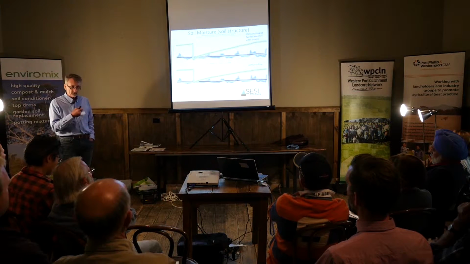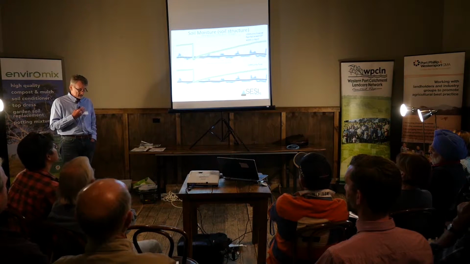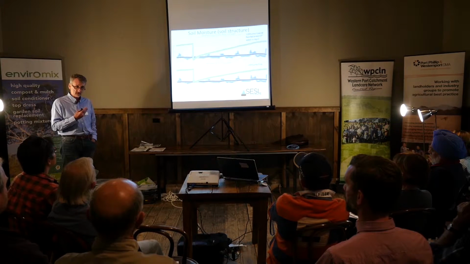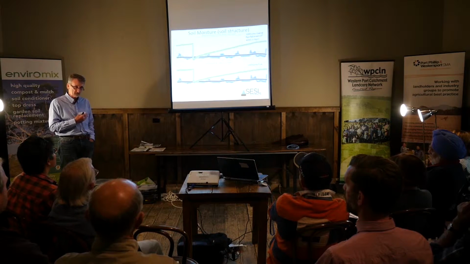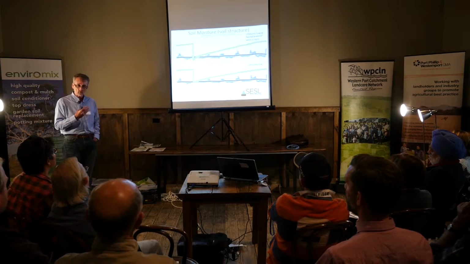Now, one of the things that we observe under mulch, at least under compost, and particularly where the compost has been applied for a number of years, is we get improved structure in the soil, we get improved structure at depth in the soil. And so we have this phenomenon where soils drain better but hold more water.